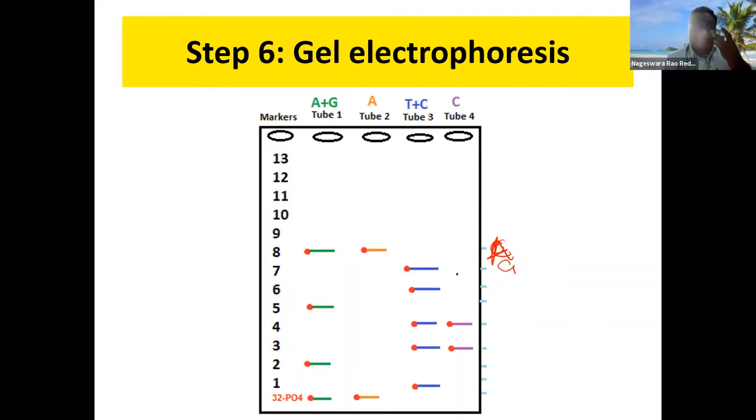In C it is not present, and it is present in both T plus C. So this should be T. So A, T. And this is also T in the same logic.